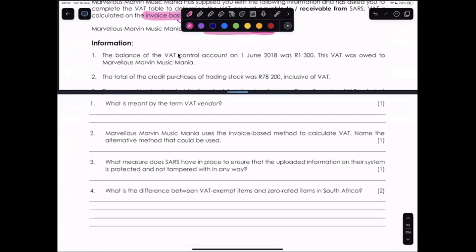Firstly, what is meant by the term VAT vendor? Well, quite simply, a vendor just means a trader, somebody who's buying and selling stuff. And VAT obviously means that VAT is involved. So this would be a business that is registered with SARS for VAT.